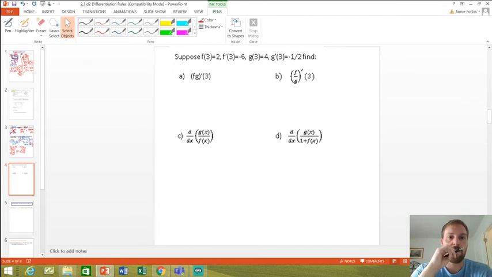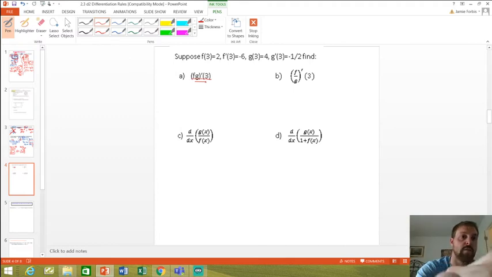This is saying the derivative. Let me explain how this is read right here. This is the derivative of f of x times g of x at 3. So this is two functions being multiplied together. So we know how that derivative is going to work. Let's write it out.